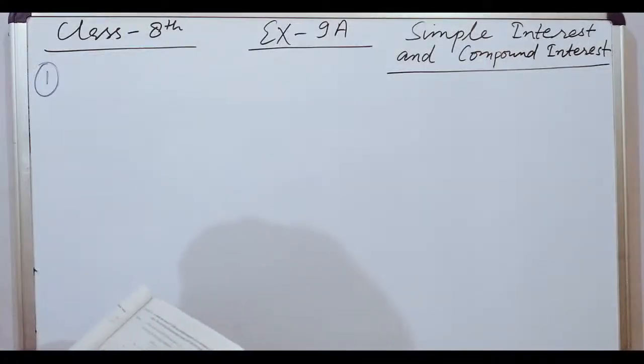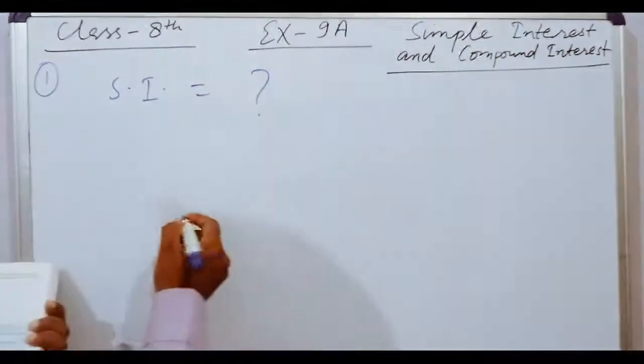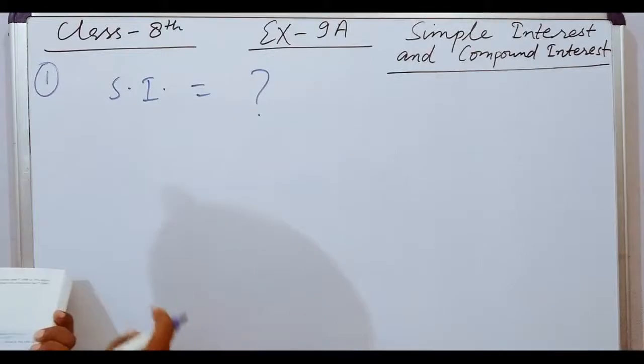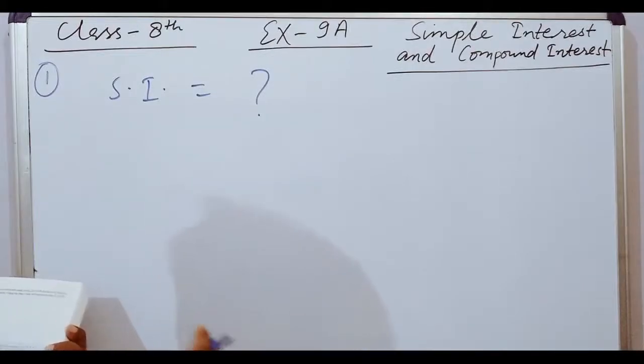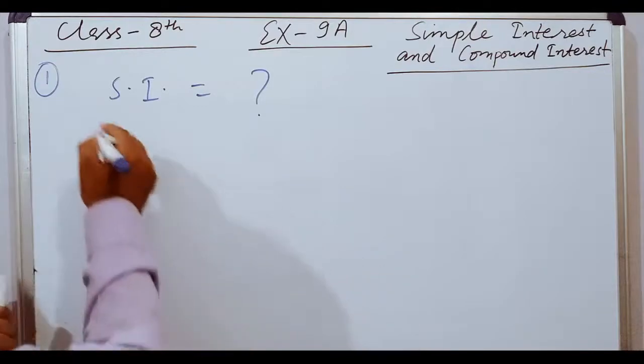Question 1. What will be the simple interest? We have to find SI, for 1 year 4 months on rupees 25,800 at the rate of 14% per annum.